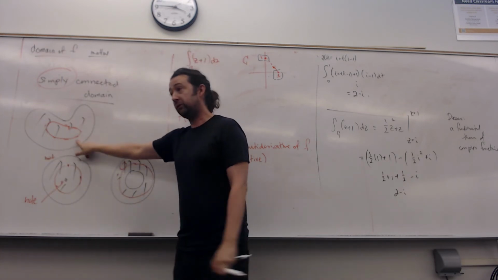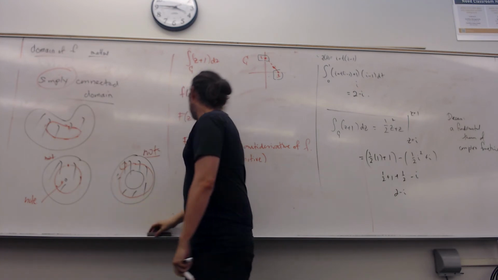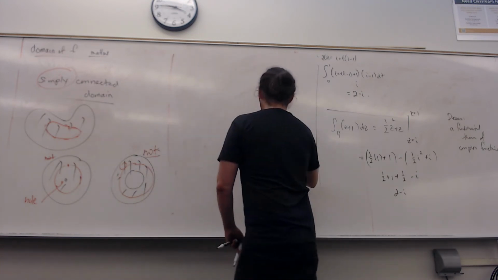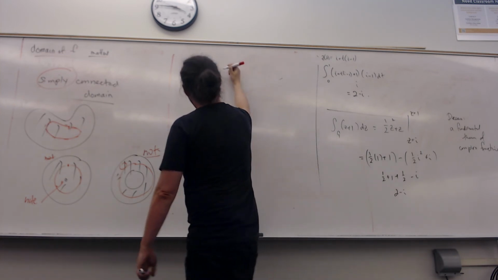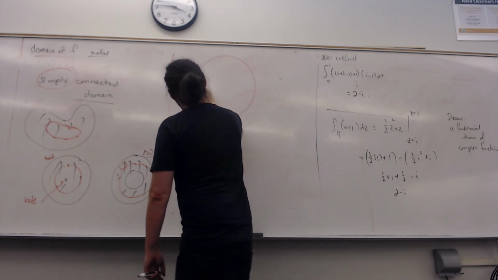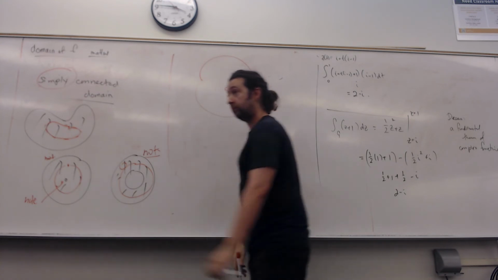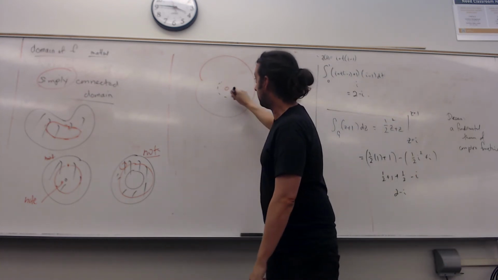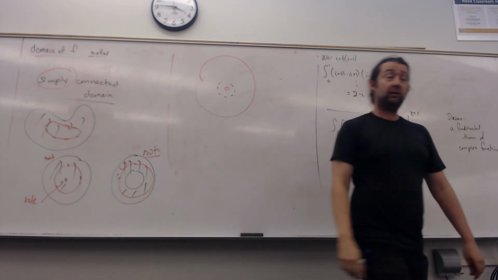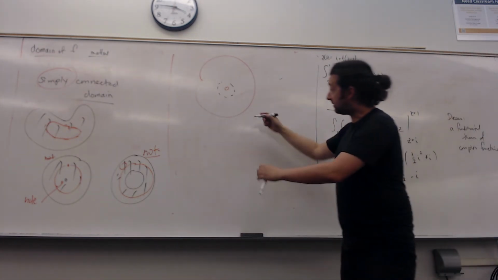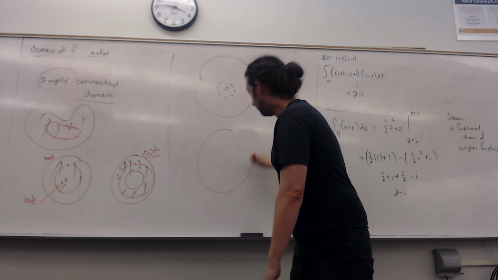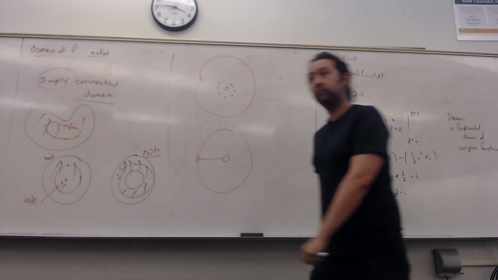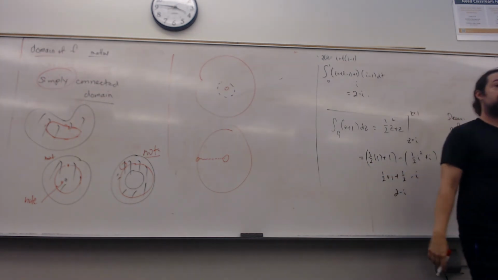And so path connected is weaker than simply connected. So we want things that look like this. And they can look really weird and still be simply connected, right? So, for example, if I take this set and I punch one hole out of it, that's not simply connected because there are loops I can make in here that I can't contract, right? But if I took that same set and I deleted some more points, that set is simply connected.